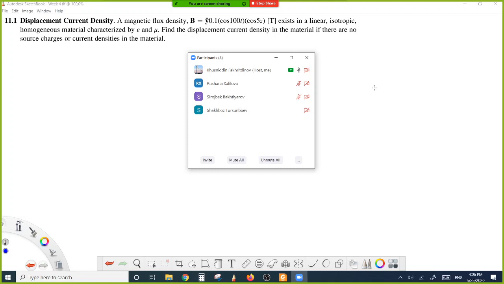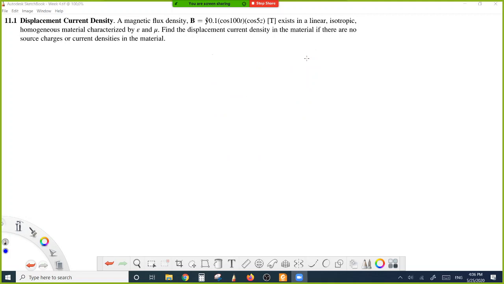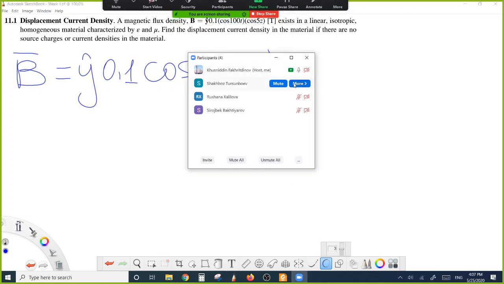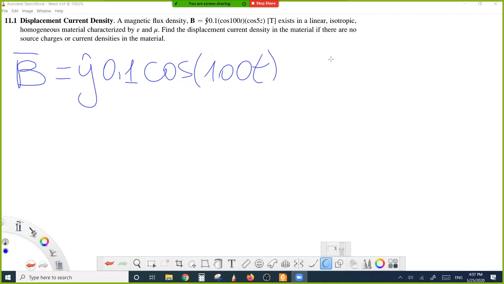Well, how do we proceed in this problem? So we are given a magnetic field with flux density B equal to y multiplied by 0.1 multiplied by cosine 100t multiplied by cosine 5z.